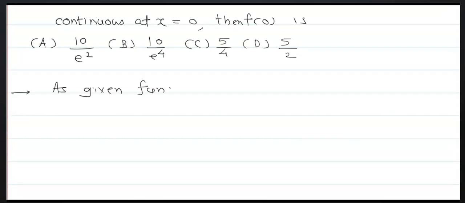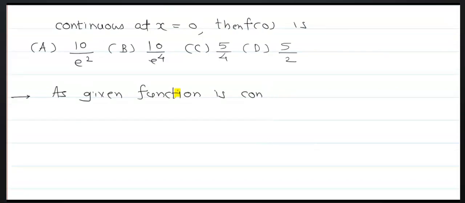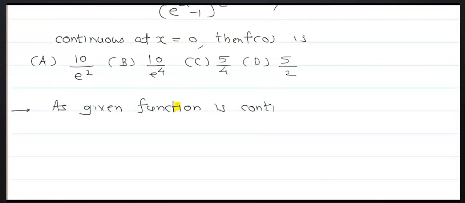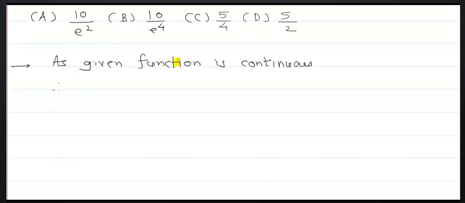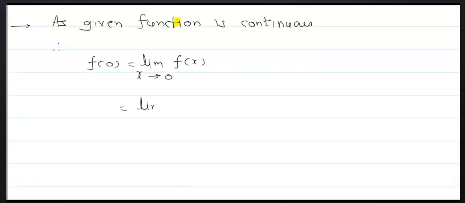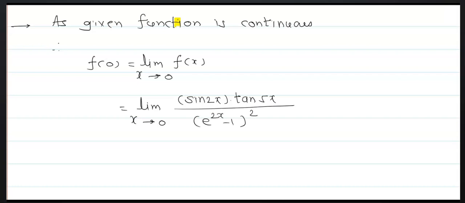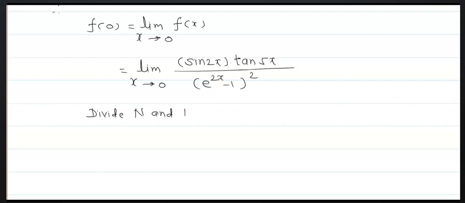And therefore, as the given function is continuous, f of 0 is equal to limit x tends to 0 of f of x, sine of 2x into tan of 5x upon e raised to 2x minus 1, bracket square.